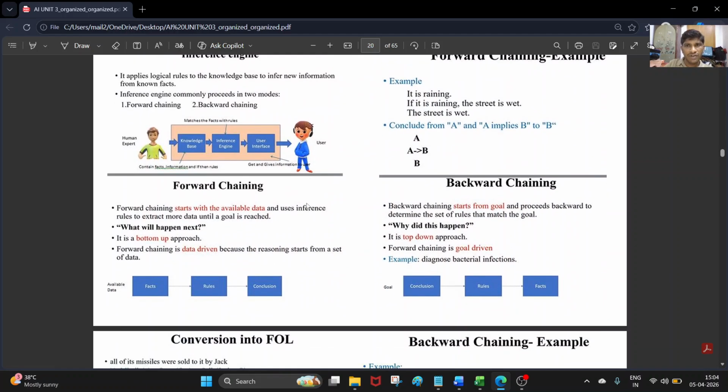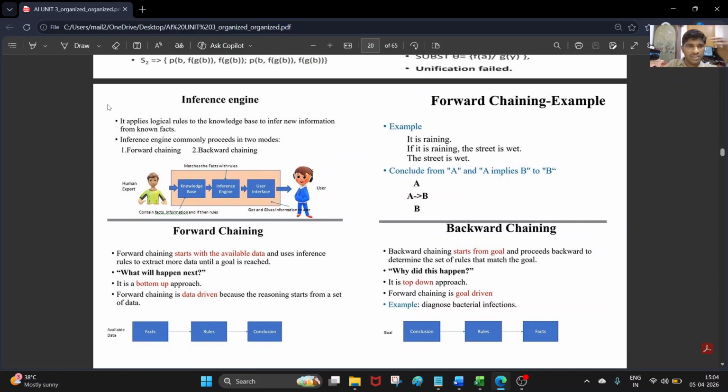Next topic is inference engine. You have some human experts. From human experts we can collect information, and this information along with certain rules forms the knowledge base.